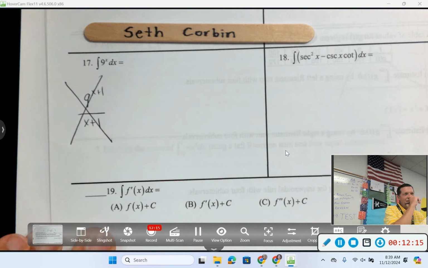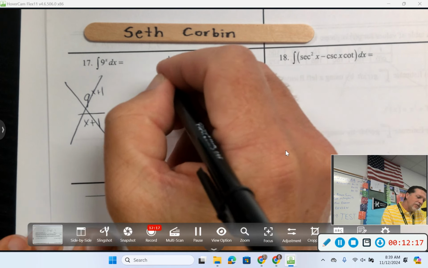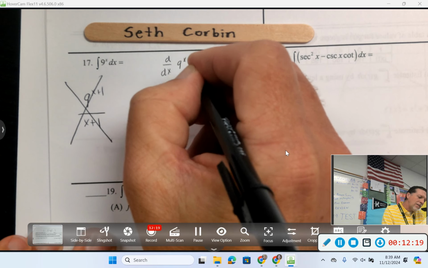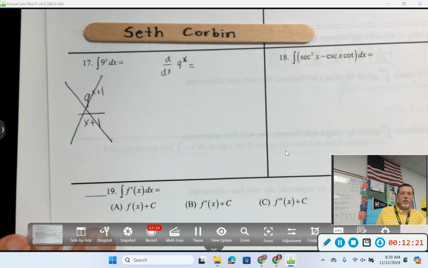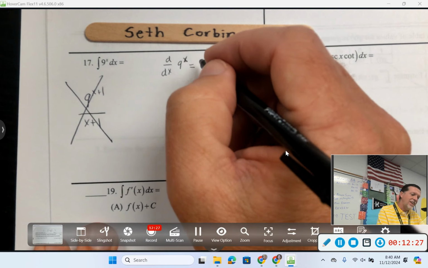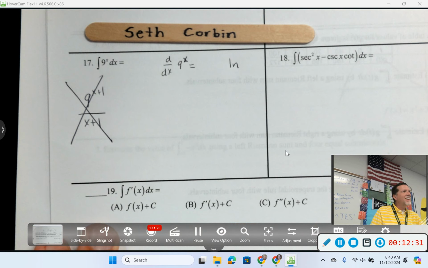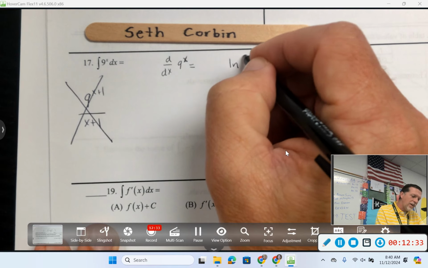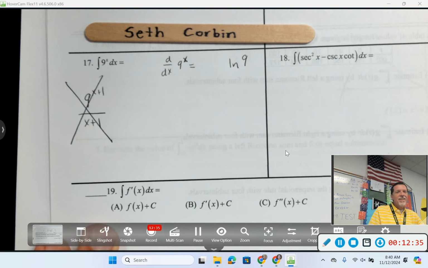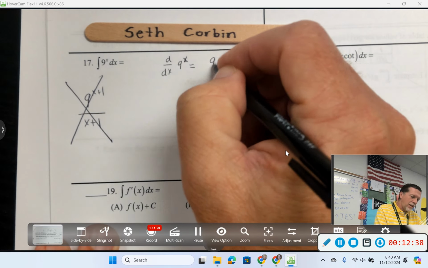Would you like a hint? Yes. So for a hint, let's step back and think forward. Can you take the derivative of 9 to the x? Does it have to be something in natural log? It does. Natural log of 9 times 9 to the x.